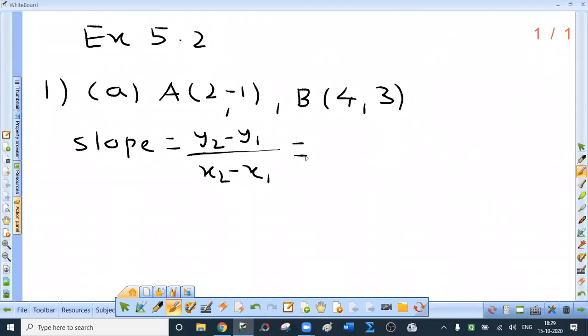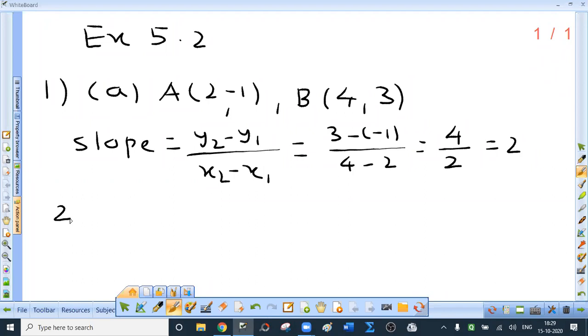So 3 minus minus 1 upon 4 minus 2. You can also say that minus 1 minus 3 upon 2 minus 4, same thing. So this is 4 upon 2, which is nothing but 2. So the slope of the line is nothing but 2. So this is the first sum.